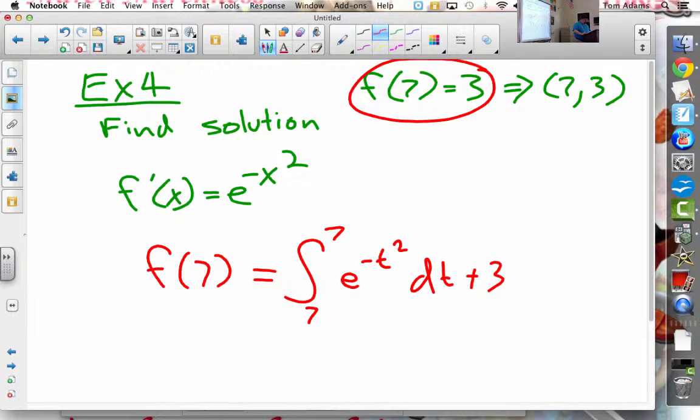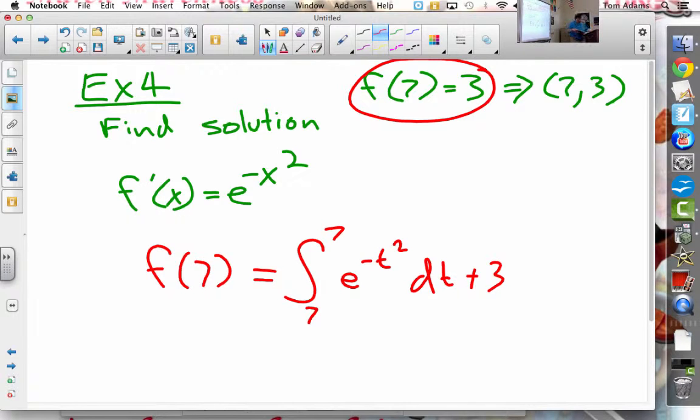Well, if that's the case, and f prime is equal to e to the negative x squared by the fundamental theorem of calculus, then what we could do is pick some arbitrary value and see what we would end up with. Okay?